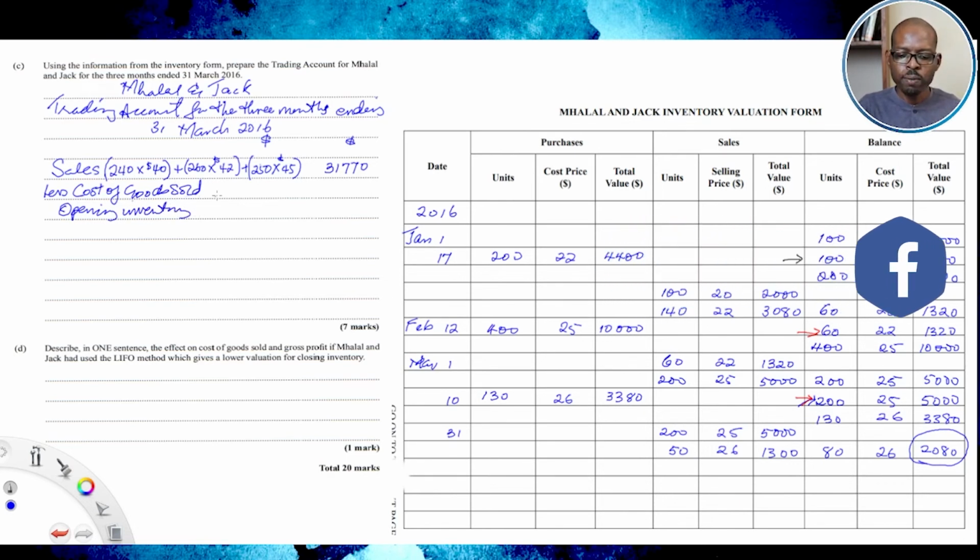What is opening inventory? Here it is, across here. This is our opening inventory on January 1st. The value is $2,000. So we pick that up. $2,000.